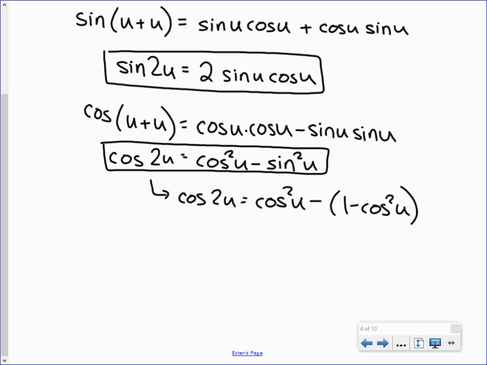If you were to distribute that negative, that's like plus a negative 1 and then plus a positive cosine squared. So how many cosine squareds do you really have? 2. So we could say the cosine of 2u is equal to 2 cosine squared u minus 1.